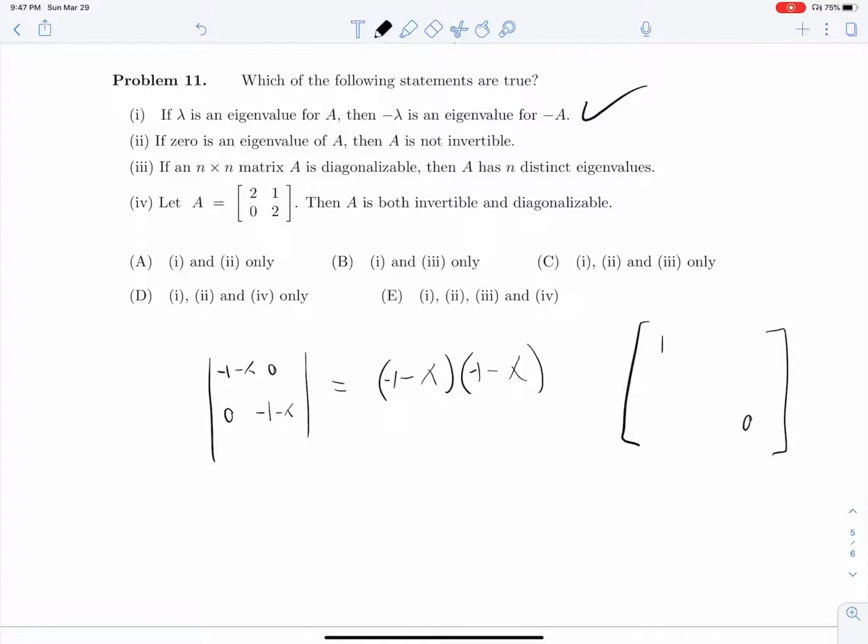If we have 1, 0, 0, 1, since this is an upper triangular matrix, our eigenvalues are just going to be the entries of our main diagonal there. And since 0 is an eigenvalue here, we see that also our matrix is not invertible.